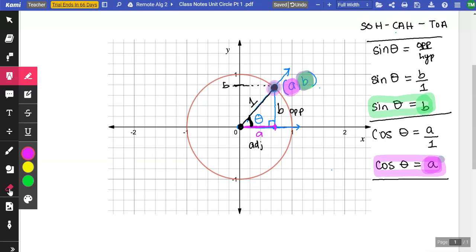So we're using our understanding of sine and cosine to actually further expand our definition.